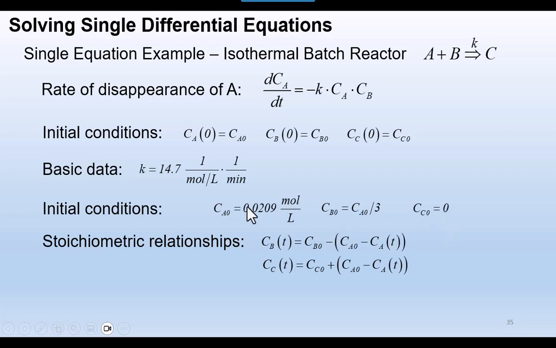And knowing that we can always get the concentrations of B and C, knowing the concentration of A at any time, the initial concentration of A and the initial concentrations of B, and that's from simple stoichiometry.